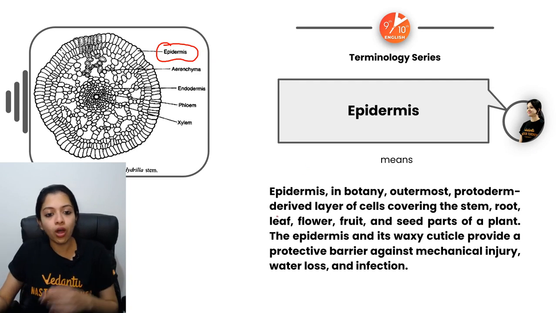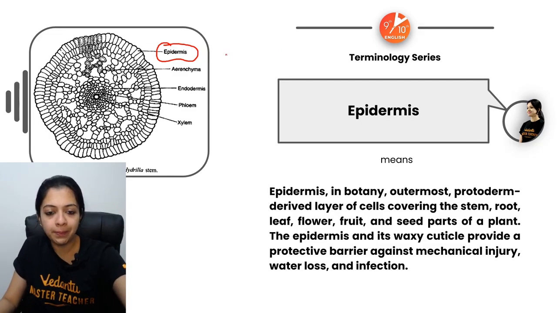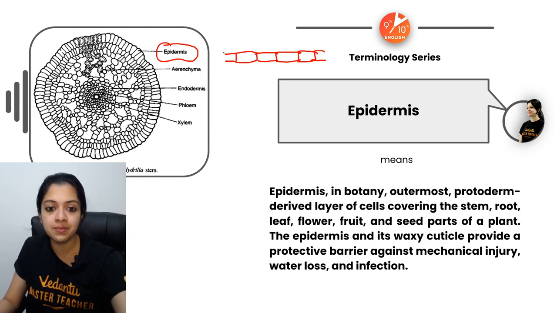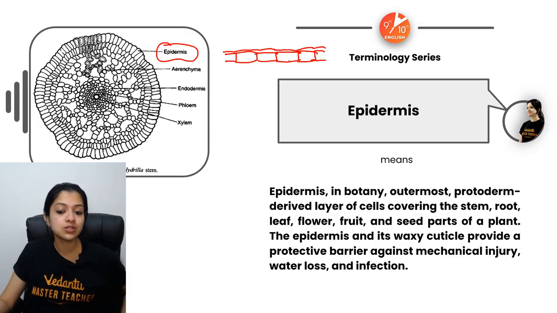All right. So to draw it in a different way, when you just draw one section of it, probably this is what the epidermis would look like. Just draw it in a horizontal manner instead of a circular one. This is the epidermis. Now, above the epidermis, outer to the epidermis, in many plants, there might be a layer which we call cuticle, a waxy cuticle.